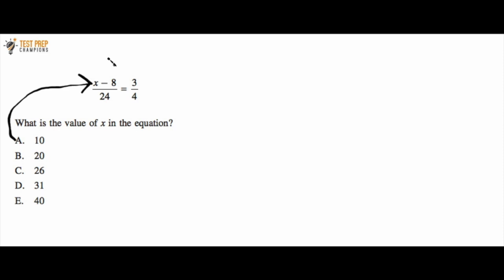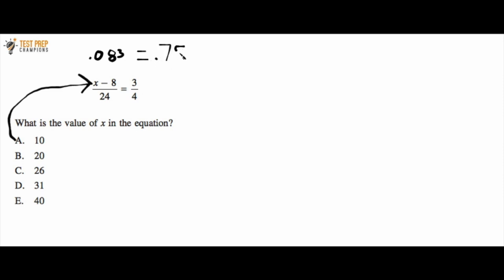So you would do 10 minus 8, and then divide that by 24. If I do that in my calculator, I'll see that that would be equal to 0.08 and then a bunch of 3's. And 3 over 4 is equal to 0.75.